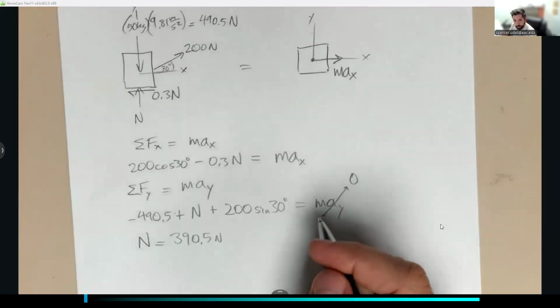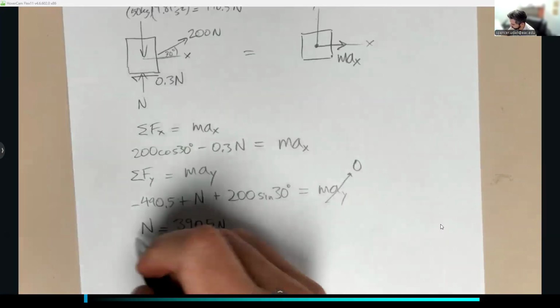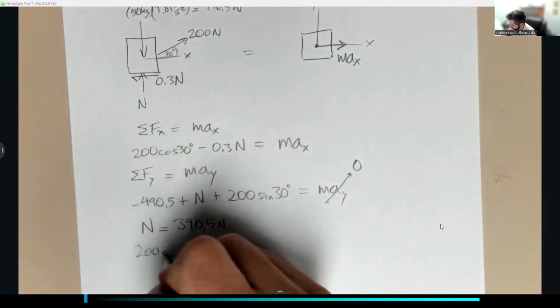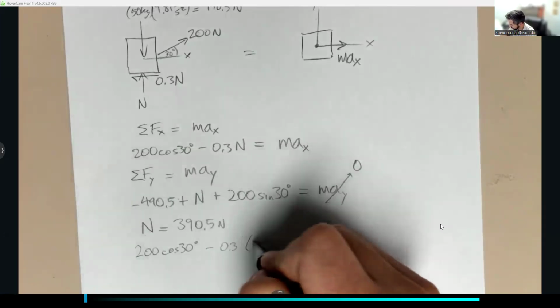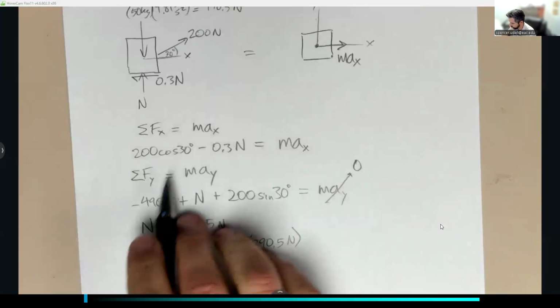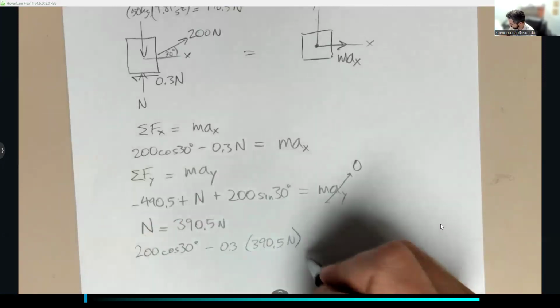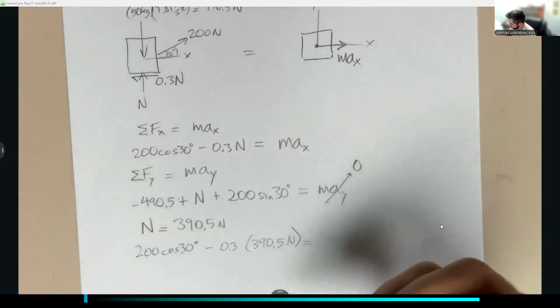So we've now got the normal force. We're going to plug that in and solve for ax. So 200 cosine 30 degrees minus 0.3 times that we just solved for, I'm plugging that in right here, equals the mass, which was 400 kilograms, if I remember correctly.